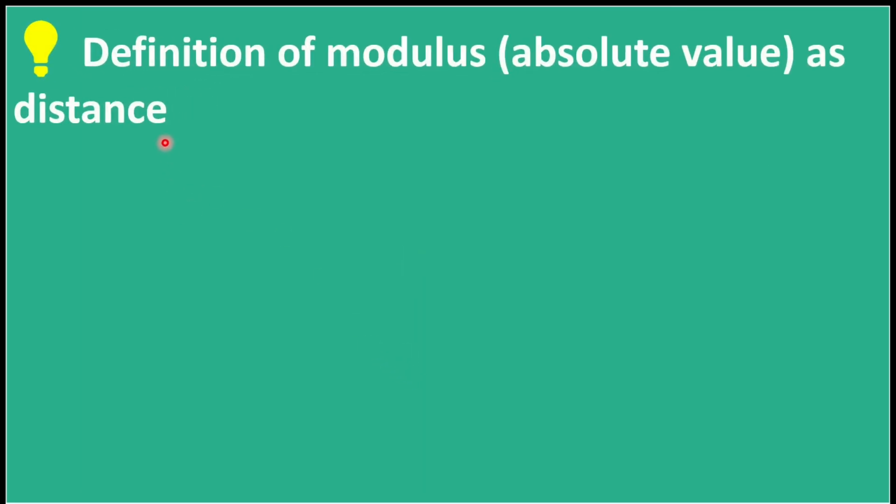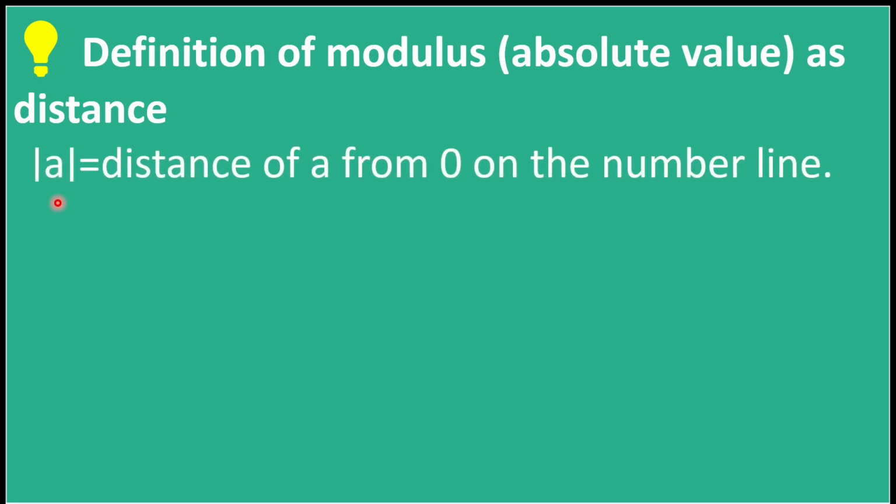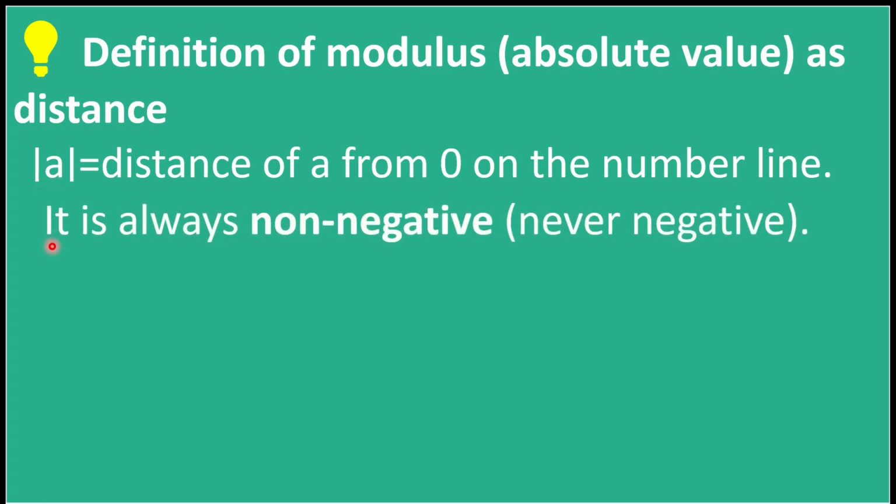And in the last, I will tell you some definitions of modulus or absolute value as distance. If you have absolute value of a, it means the distance of a from 0 on the number line. So if you have a number line on the x-axis, any value, for example a, x, y, any variable, it means its distance from 0, and it is always non-negative and never negative.